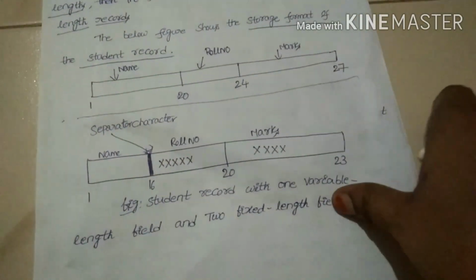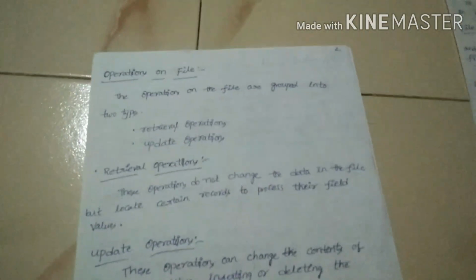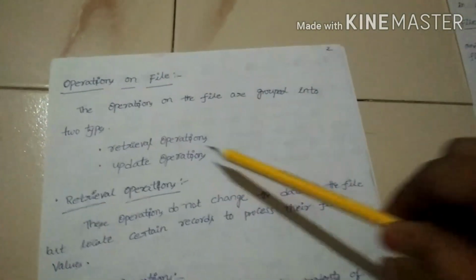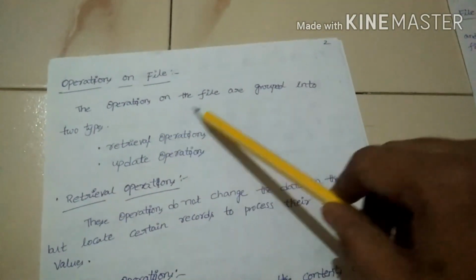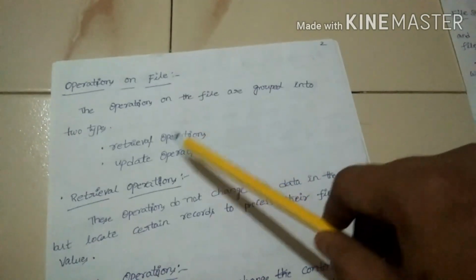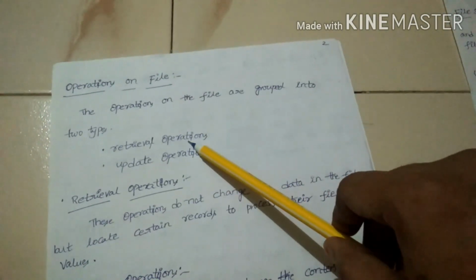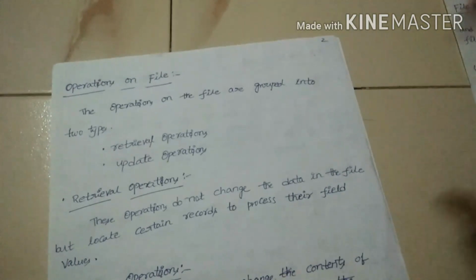Next topic is operations on files. The operations on files are grouped into two types. First one, retrieval operations. Next one, update operations.